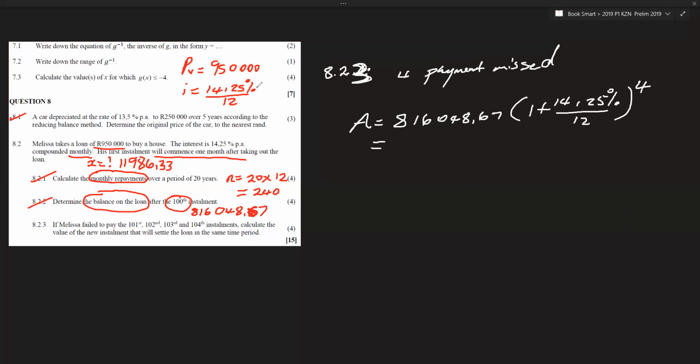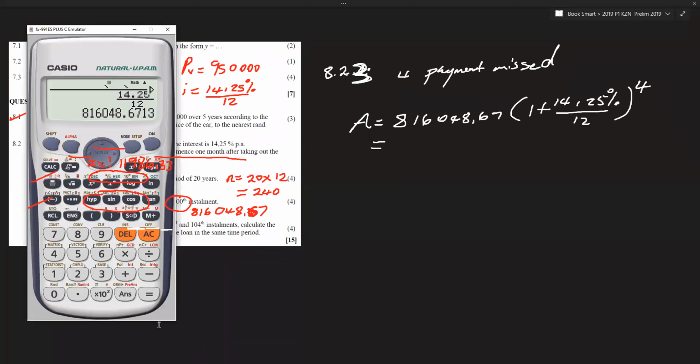So it's the answer in bracket, 1 plus 14.25 shift percent over 12, to the power of 4. So this person will now be owing the bank 855506.92. Do we see it?